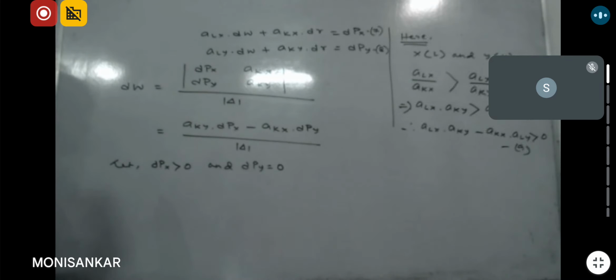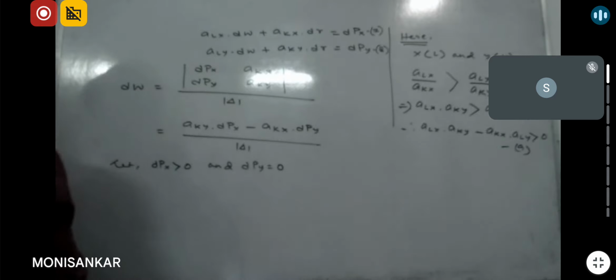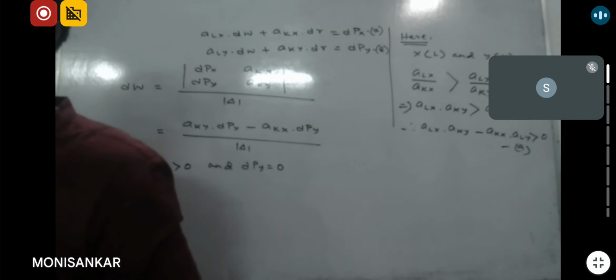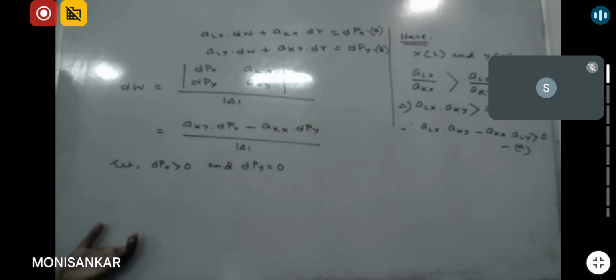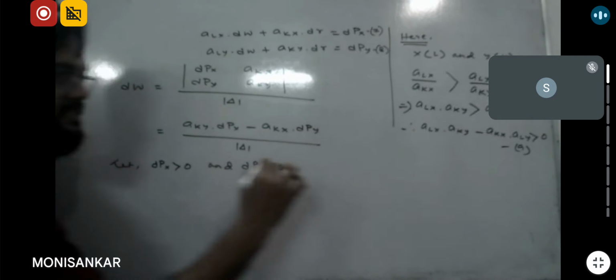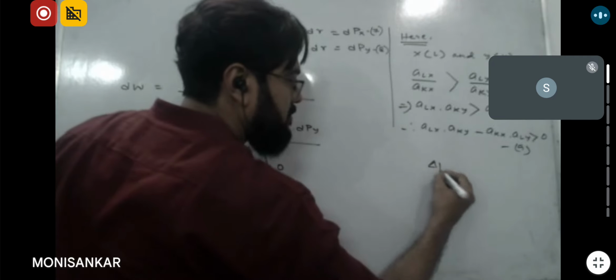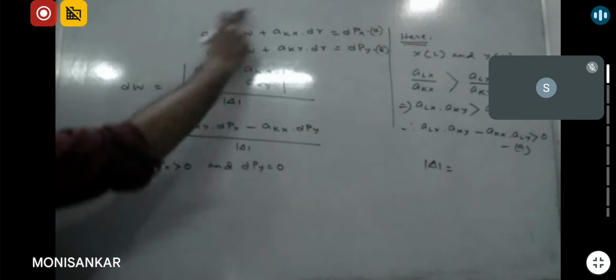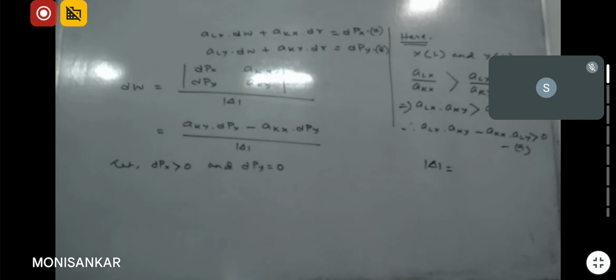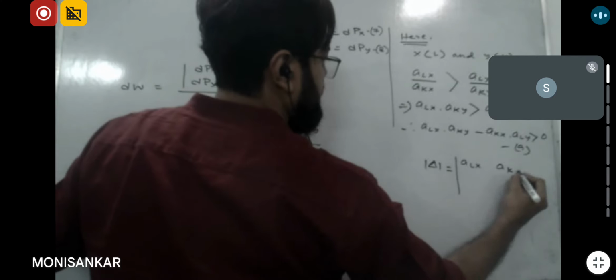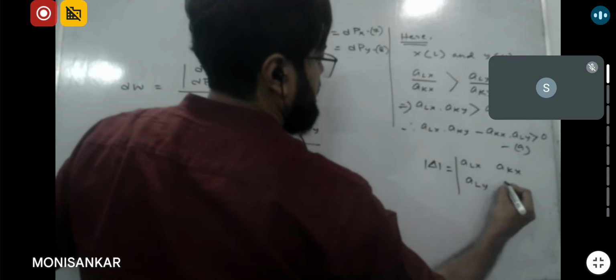Check its impact on W. When trade opens up, price of our exportable good rises. So that impact we want to check. And now check what is actually delta. By the way, what is your delta? Lx, Akx, Ly.